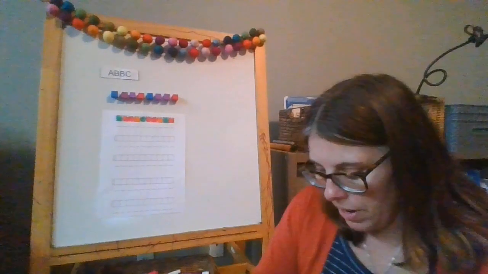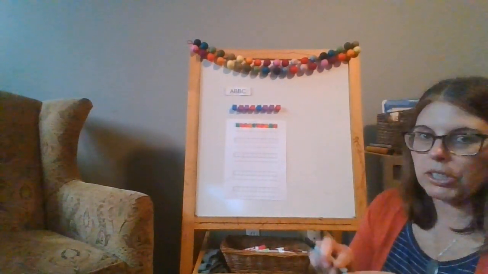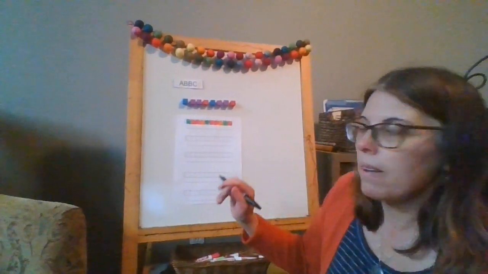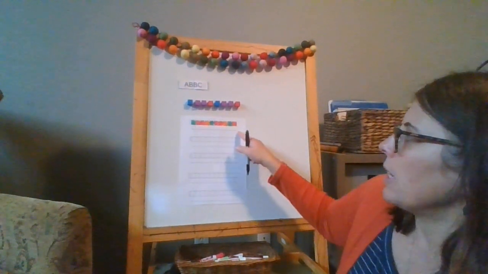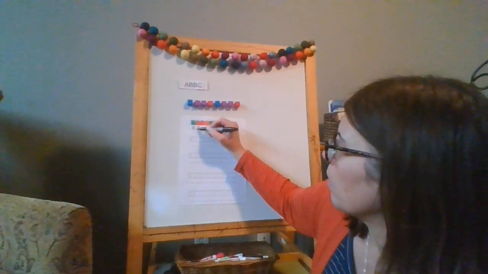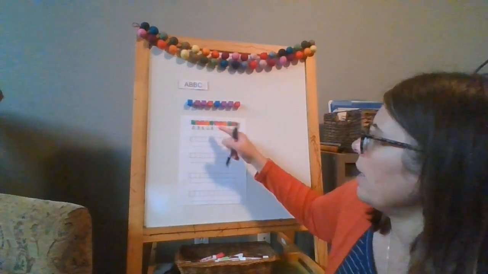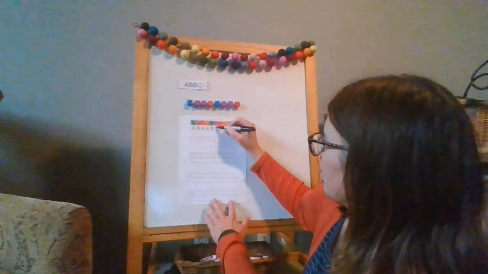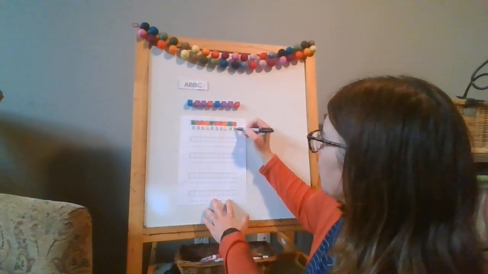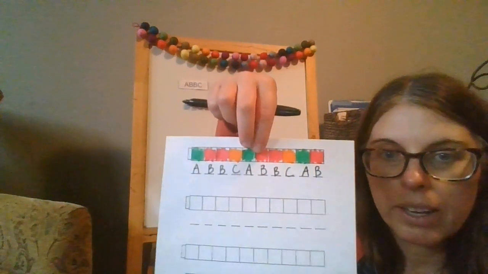Okay, so then after you finish that, I want you to use a pencil. I'm going to use a marker so you can hopefully see it a little bit better. I'm trying to move you around a little bit so you can see it better. And I want you to use these lines to label it with letters. So I have A, B, B, C. A, B, B, C. A, B. Okay, so let me show you.